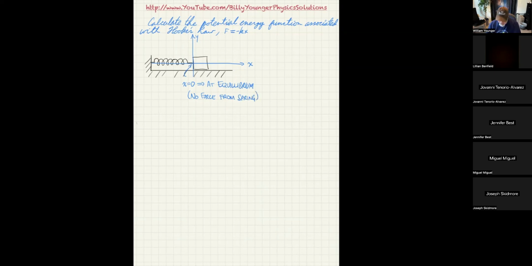Now, remember that delta U, which is UB minus UA, is equal to the negative of the work done by the conservative force. So I'm going to imagine stretching the spring so that the spring is now going to look like this.